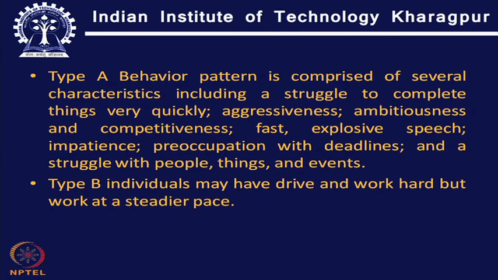Type B people are less prone to stress, as they work very steadily. They may require more time, they work hard, but at a steadier pace. Time is not a pressure for them, and they are less prone to stress as compared to type A people.